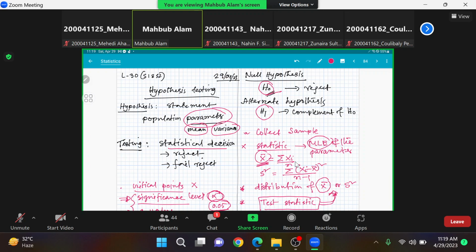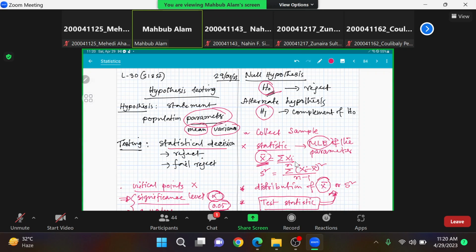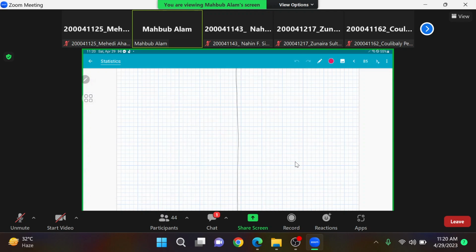Why? If you know the distribution of the parameter, for example, if we are testing the mean of a population, then if we know that X bar is normally distributed and an alpha level is given, it is very easy. Finding the critical points is very simple.